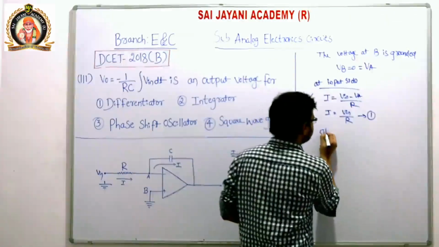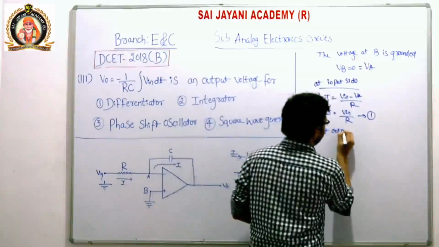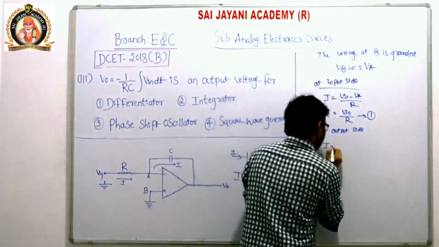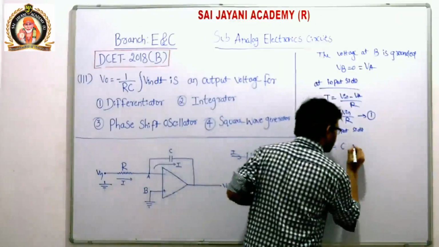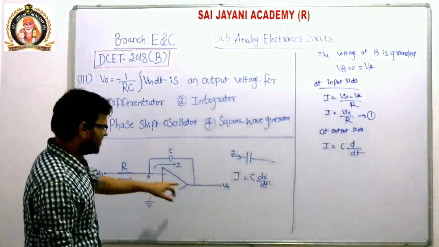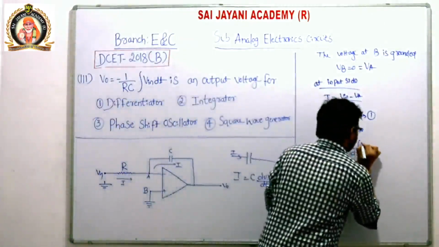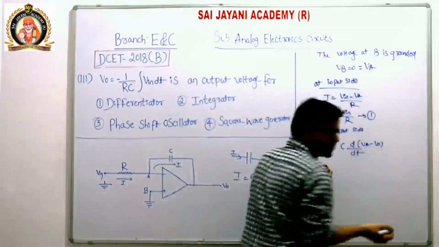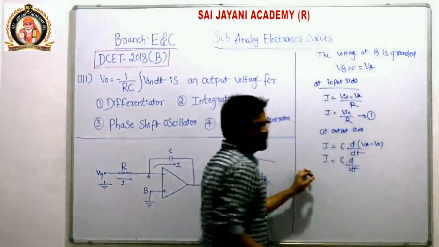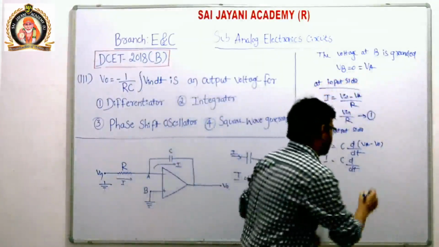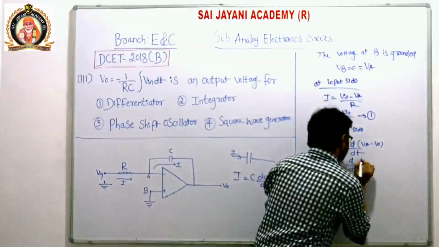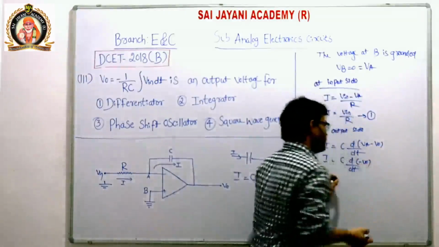So at the output side, we get I is equal to C into dV divided by dt, where V is VA minus V naught. VA is at 0 potential, we know that, so this term becomes 0 and we get only minus V naught.